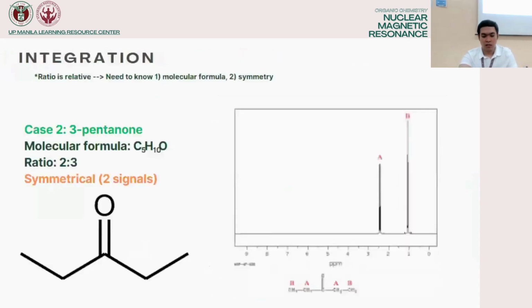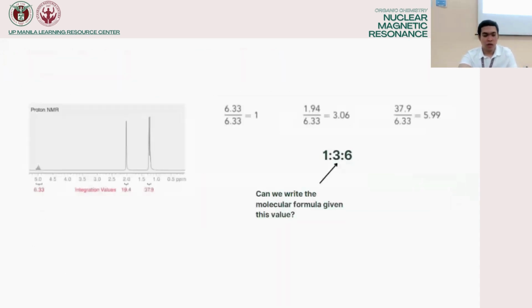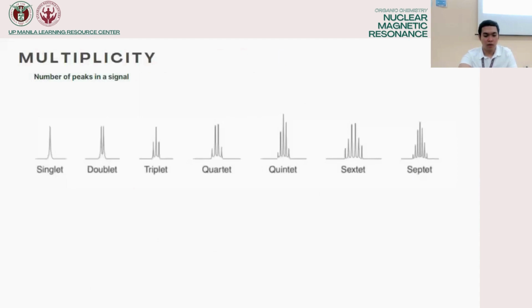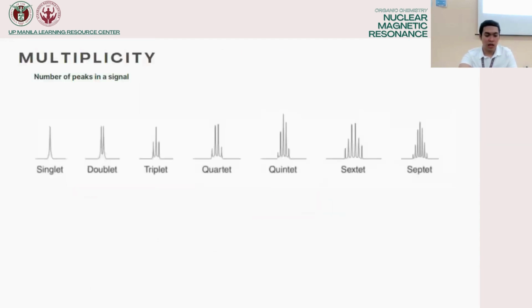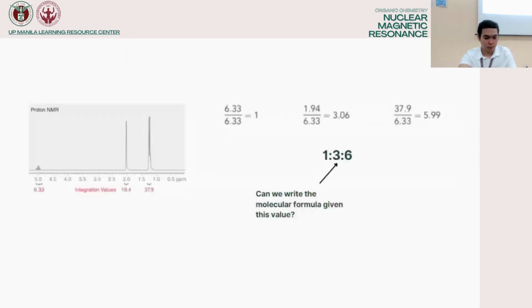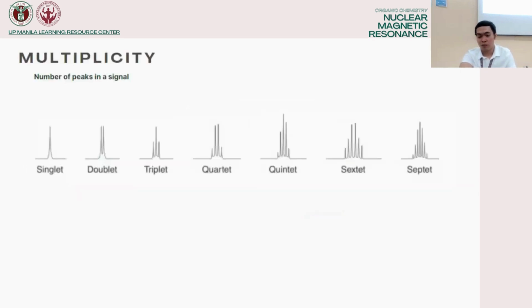Okay. Last. Sometimes you see signals and wonder, why are there splittings? Sometimes one hydrogen, or an atom, can have an effect on the neighboring atom. That's what we call multiplicity. So how does that happen?